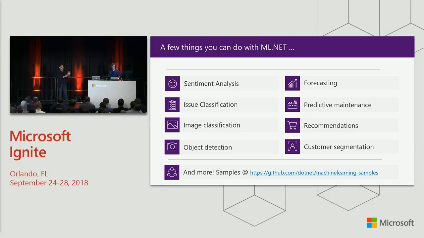If you want to build a forecasting model, you can build that with ML.NET. You can do predictive maintenance. You can do recommendations. So if you have an ASP.NET web app, you can actually add product recommendations to it. And these are all the things that you can do today with ML.NET already. And some of the things that are not mentioned on this slide are available at our samples repo. You can check that out. So we have examples there of end-to-end and getting started samples that will show you how these scenarios are built.